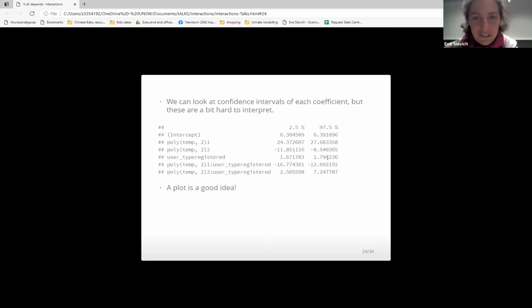The confidence intervals are away from 0. So they're all doing something, but I still don't really know what the results are telling me. And it's going to be hard to write a statement in my results about what's the difference between the user types and how they respond to temperature. So a plot's a good idea here.